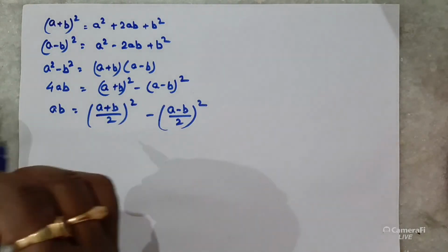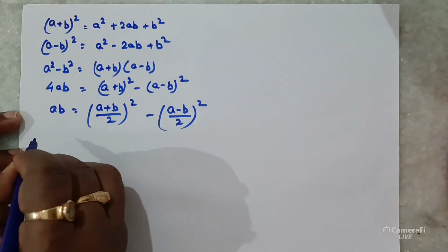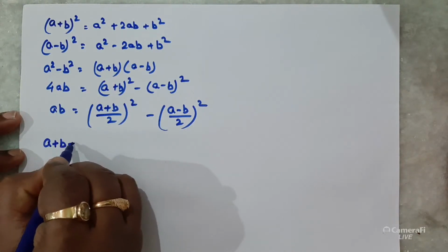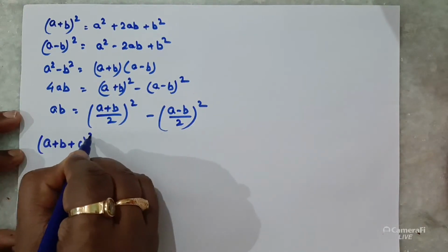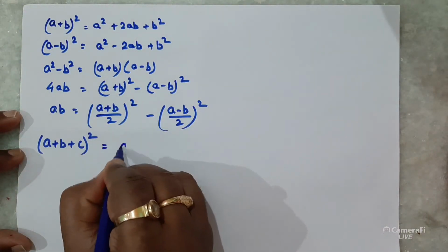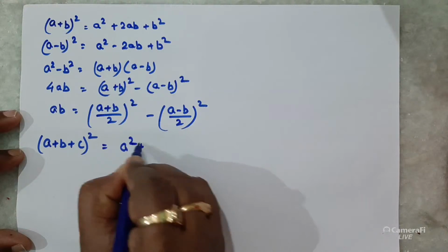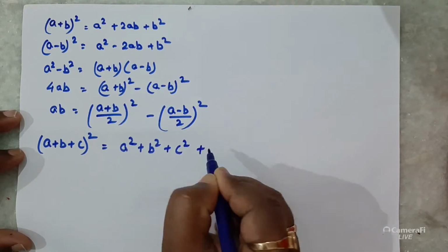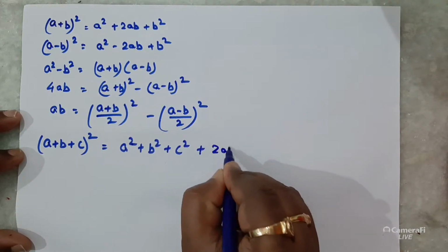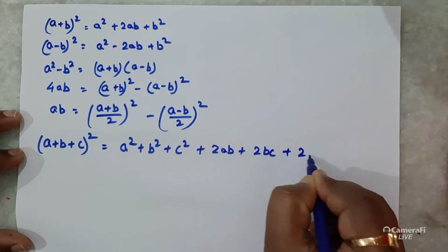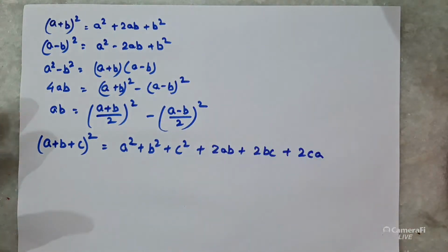Now, one more formula you should know regarding squares is a plus b plus c whole square. This will be equal to a square plus b square plus c square plus 2ab plus 2bc plus 2ca.